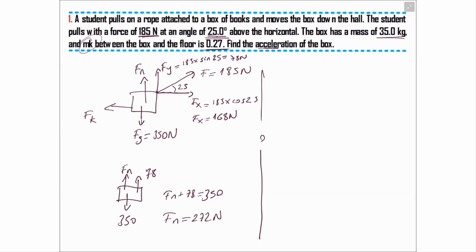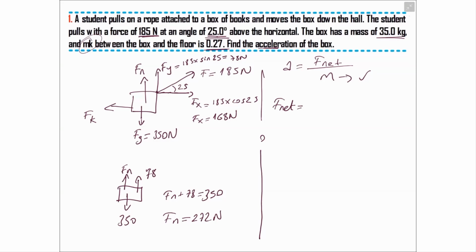Then the next step, we have to find the acceleration. So acceleration equals F net over mass. The mass of the object is given. If we calculate the net force, that means we have already solved the question. The object is moving in the horizontal line in the direction of Fx.